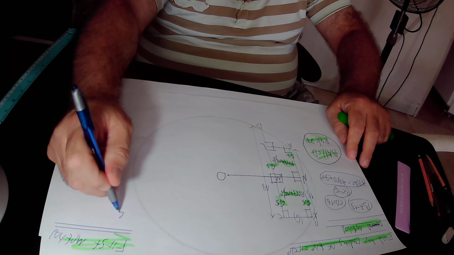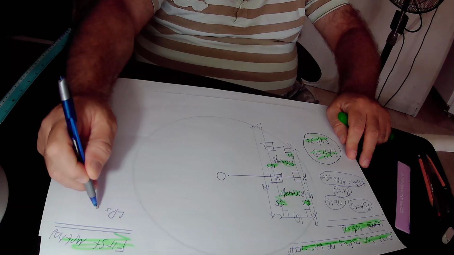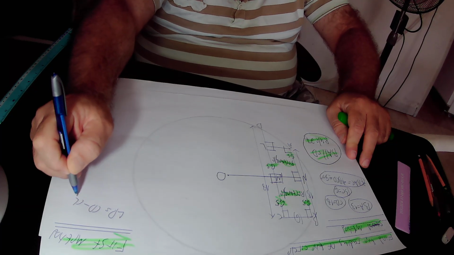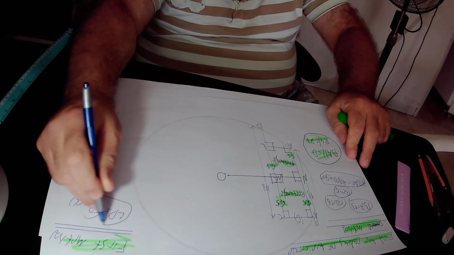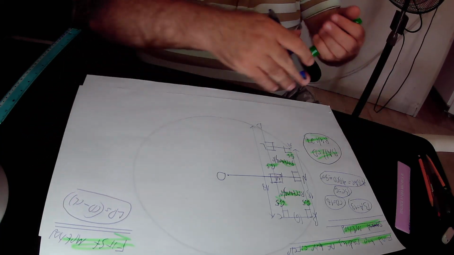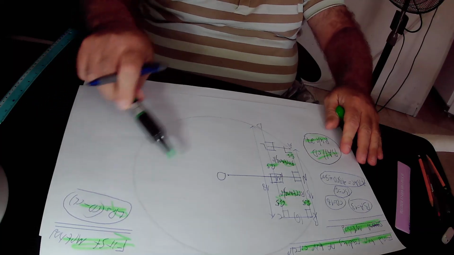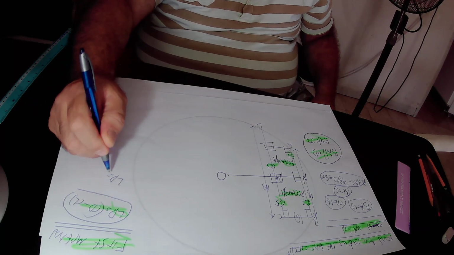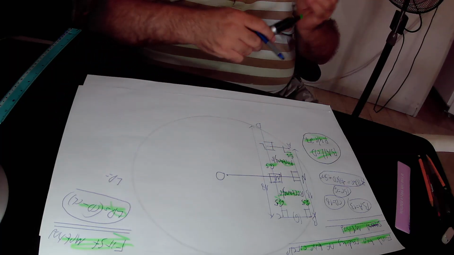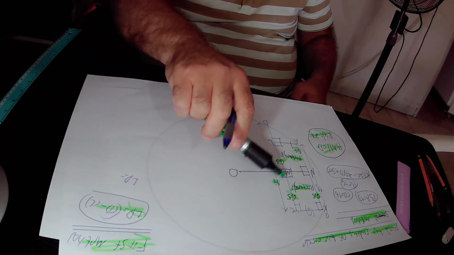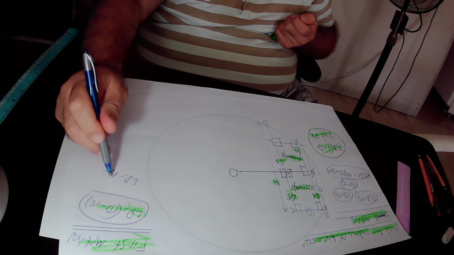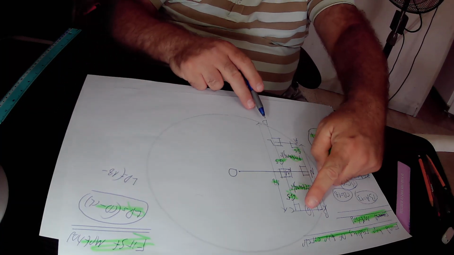LD equals CD minus CL. So LD equals CD. CD is 18 according to what is given in the question, minus CL.